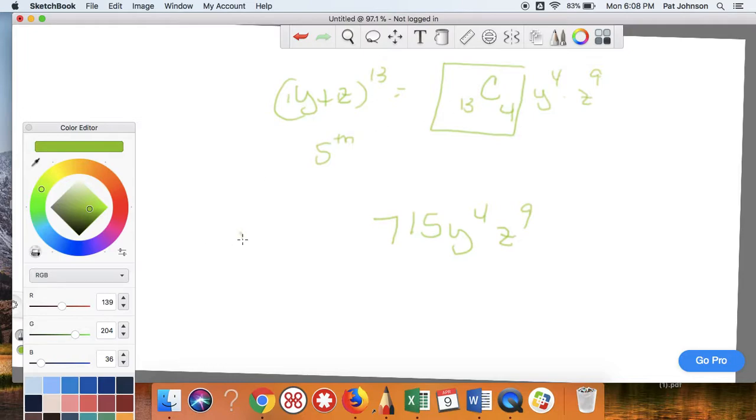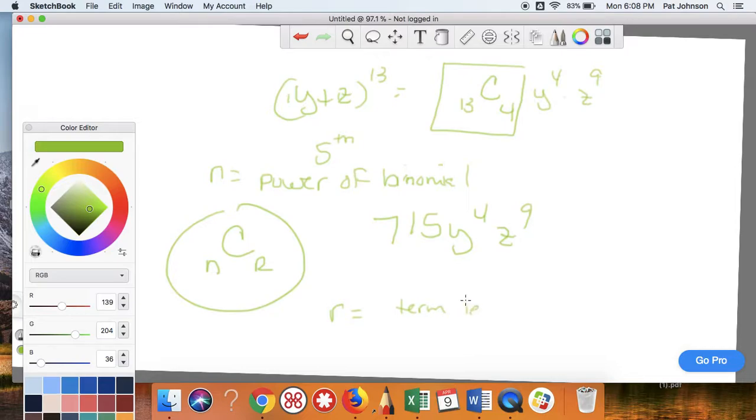You just have to know this formula, C n r, and n is the power of the binomial, okay, and r is going to be the term, for example, fifth, minus 1.